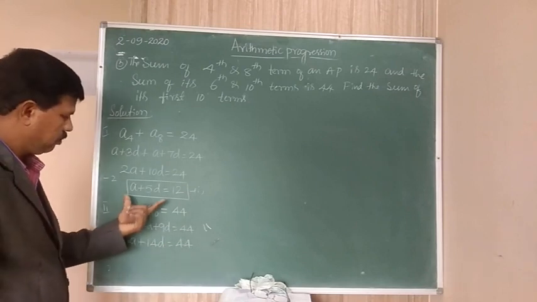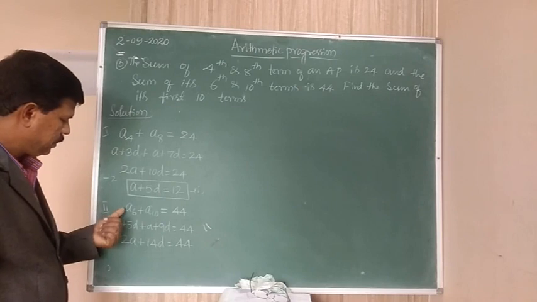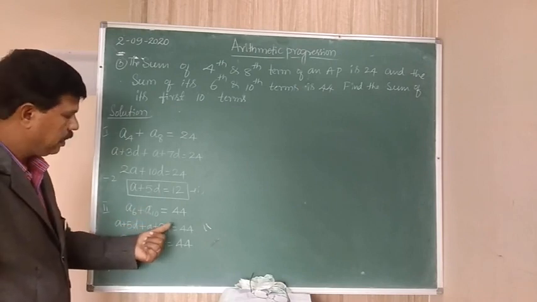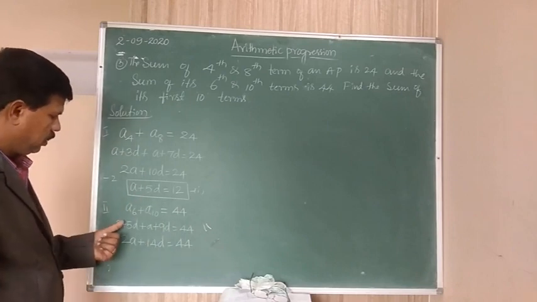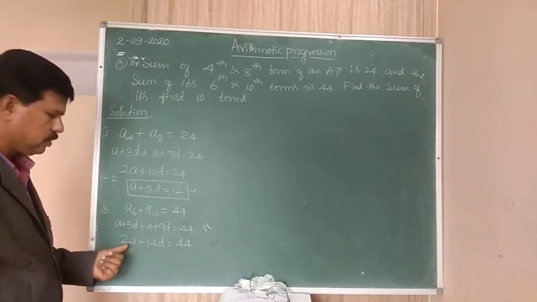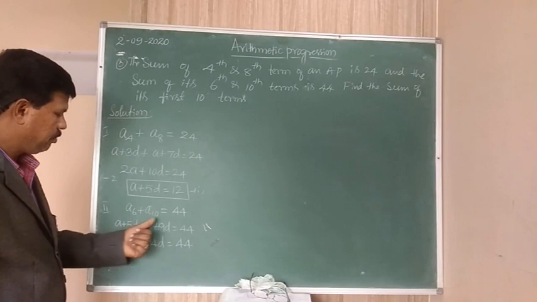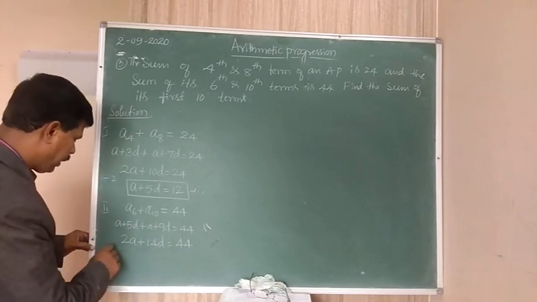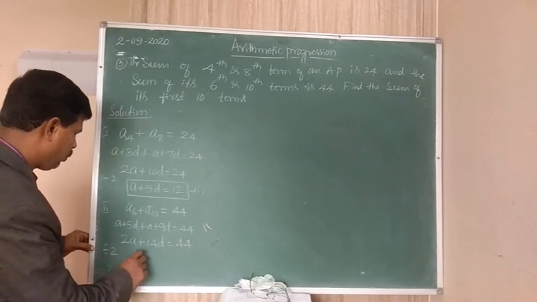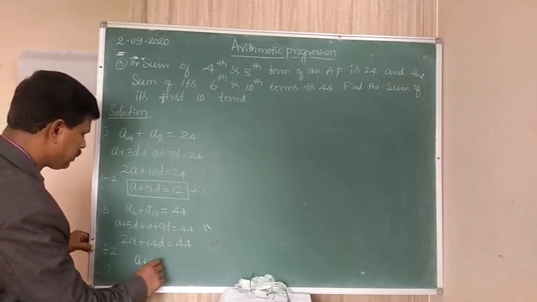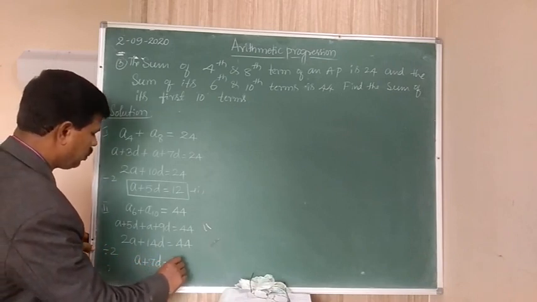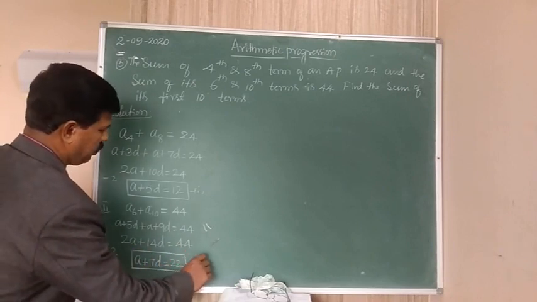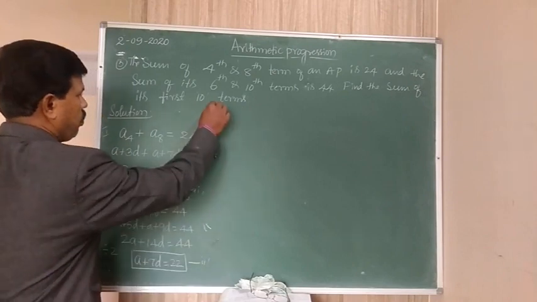Here 1A plus 1A is 2A, 9 plus 5 is 14D, is equal to 44. Then again dividing by 2, we will get A plus 7D is equal to 22. Call this equation number 2.